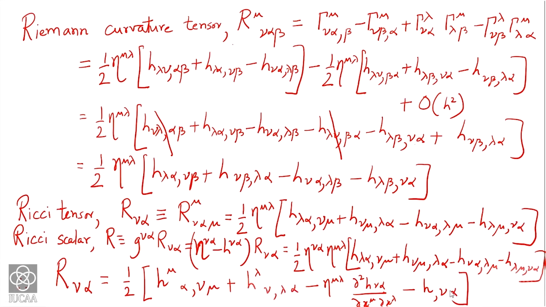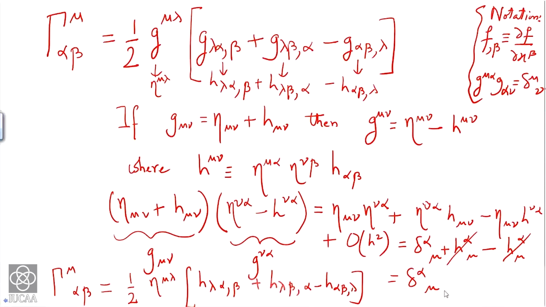where the trace part, let me write the notation somewhere. Trace h is h alpha alpha, which is the same as eta alpha beta h alpha beta.